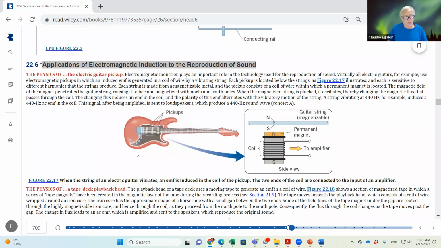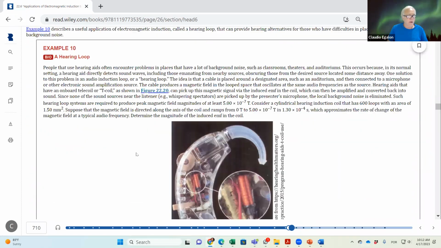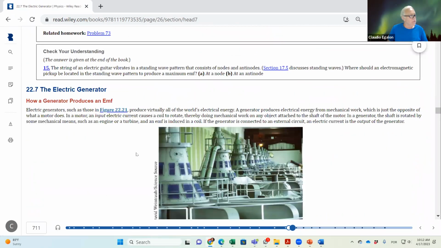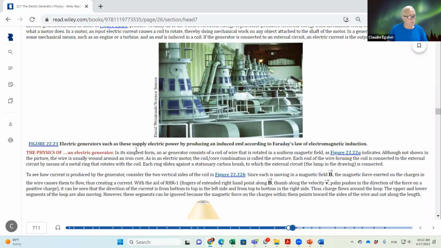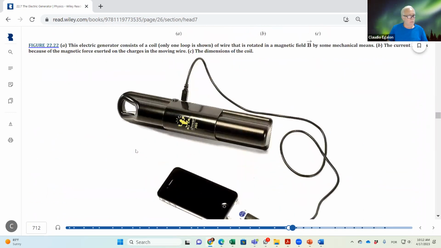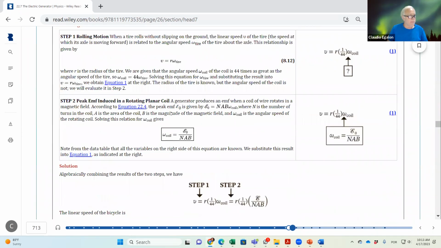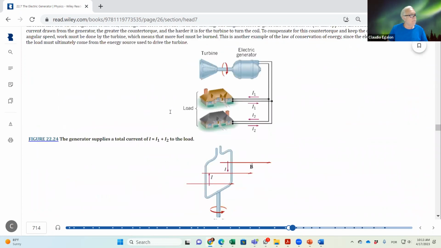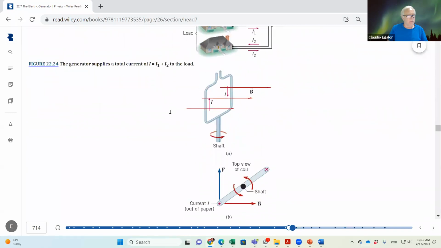The speakers use electromagnetic induction and the electric generator. We talked about the electric generator, right? We went through that. I even wrote about it.